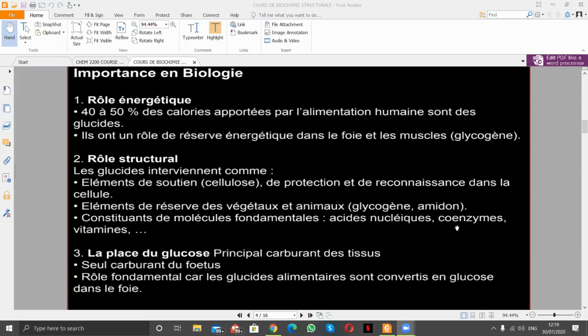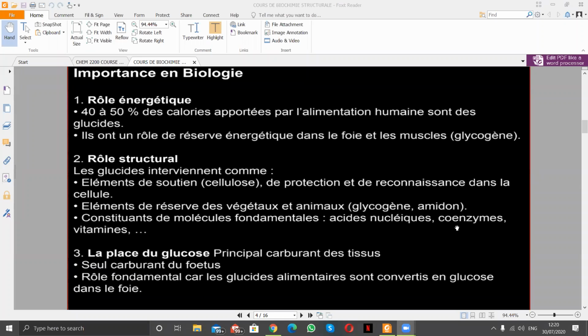In the rôle énergétique, they intervene also, to say 40 to 50% of the calories provided to the human body are carbohydrates. You have to know that 40 to 50% of calories provided to the human body are carbohydrates, which play a major role in the reserve of energy.